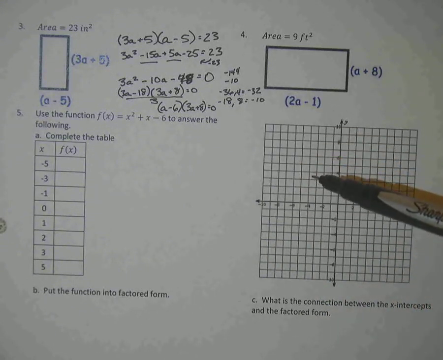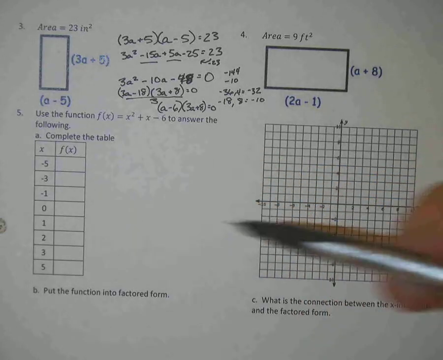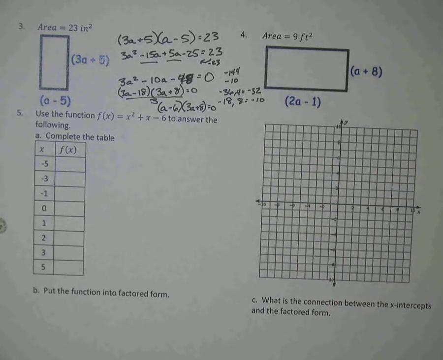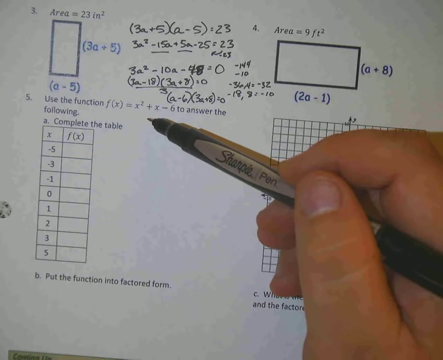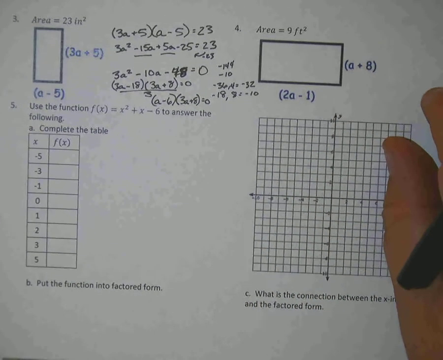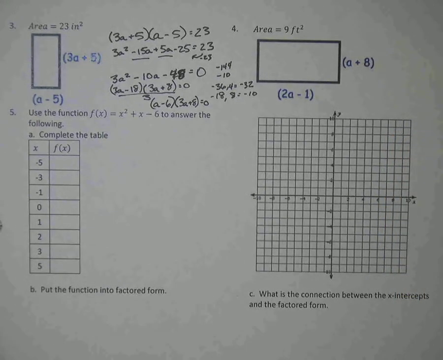On number 5 here, it's very similar to an application problem on the last section, where I just want you to plug in values for x into this equation and figure out what the f of x value would be. Graph that over here.